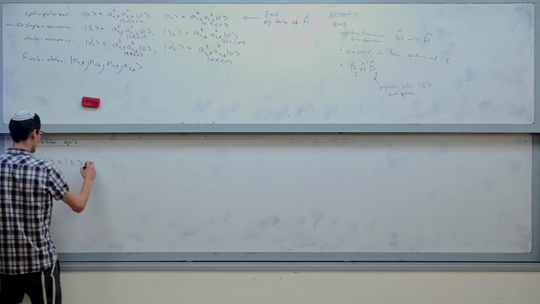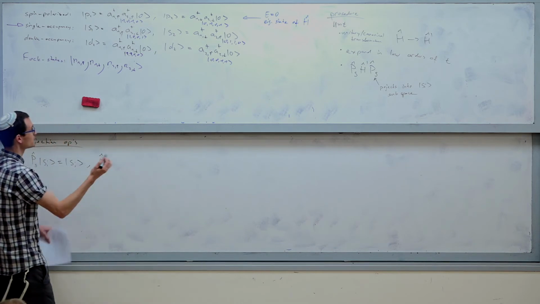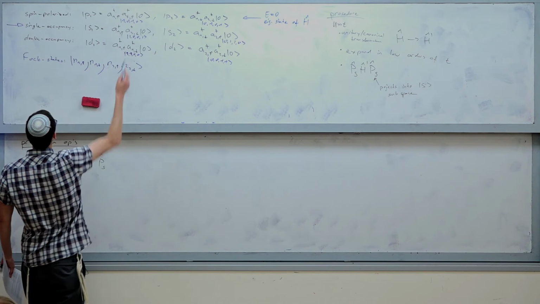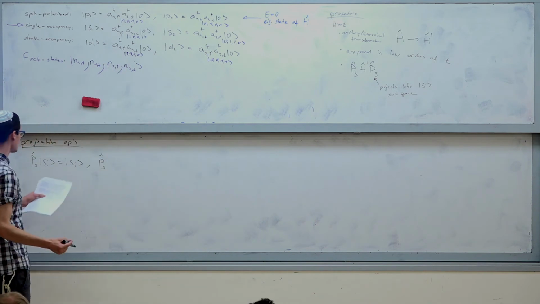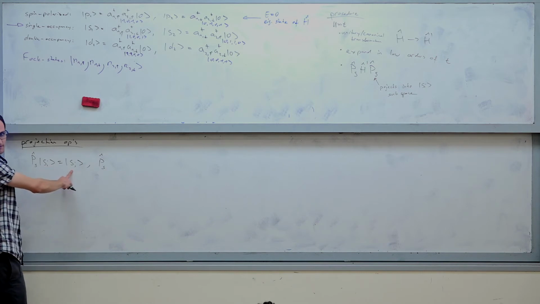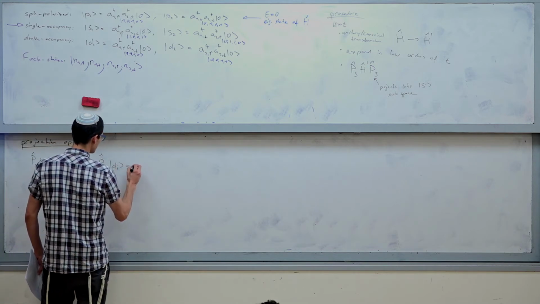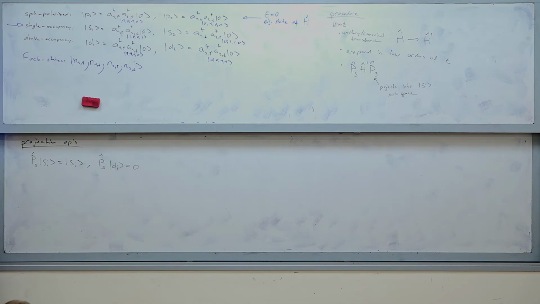A projection operator that projects into the S states, into the single occupancy subspace, if you apply it on one of the S states, you have to get back the S state. That's the definition of the projection operator. And if you apply it onto a D state, well, then you must get 0. That's the definition of the projection operator.